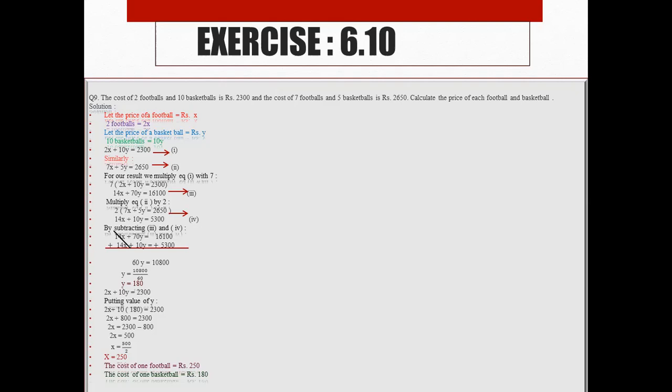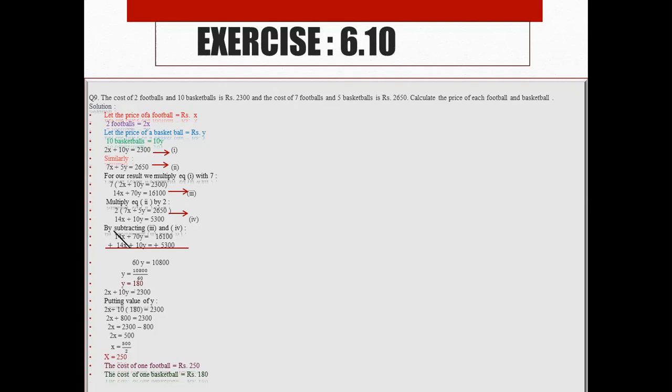According to the second condition, 7 footballs 7x, 5 basketballs 5y. They both become 2650. The price of 7 footballs and 5 basketballs is rupees 2650.